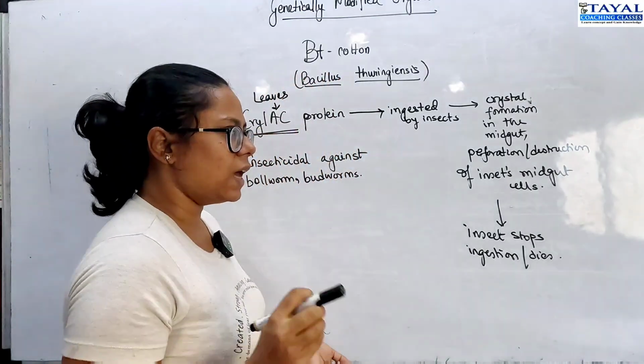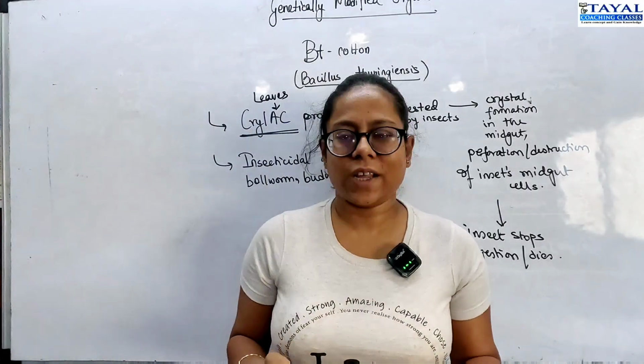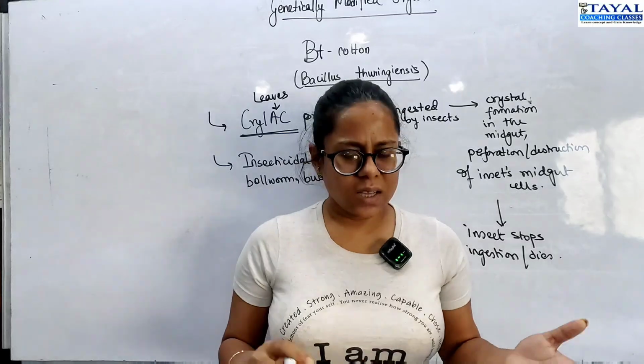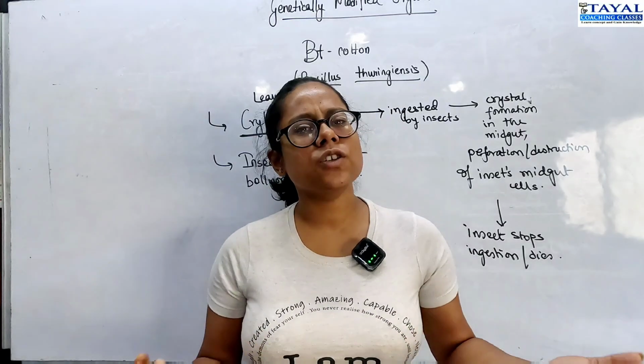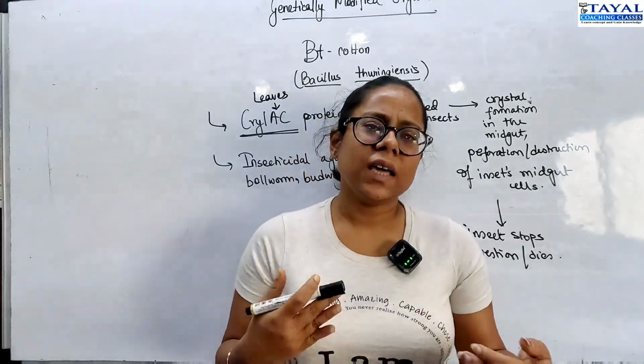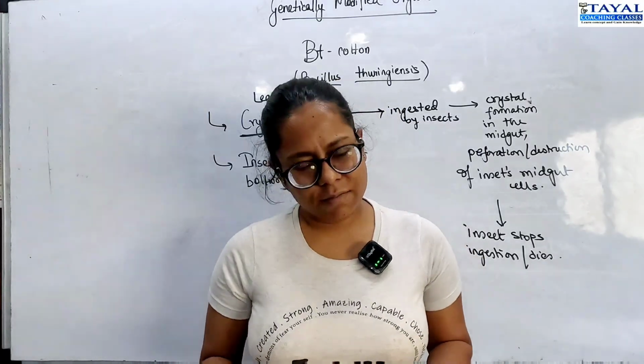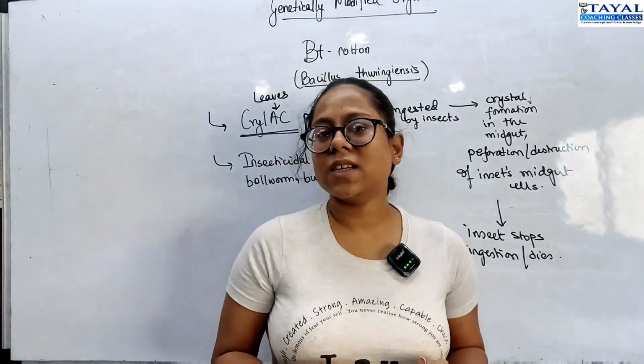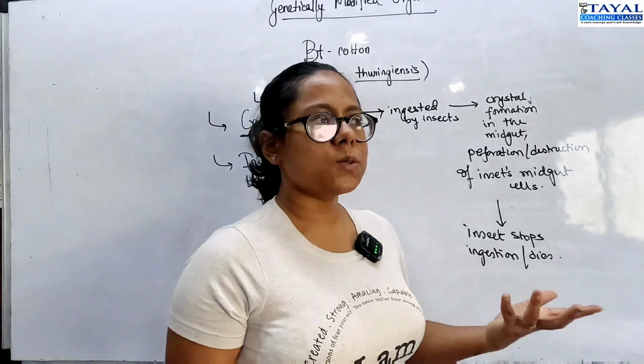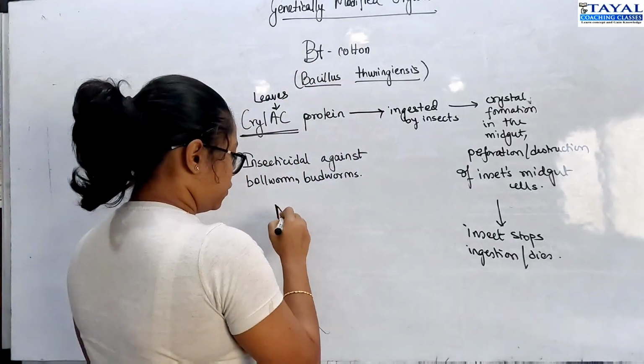However, it must be noted that the protection given by the Bt gene is much lesser than conventional insecticides, but now in the era of organic farming, we obviously prefer to have less insecticide sprayed foods, because we obviously know about the concept of biomagnification now.